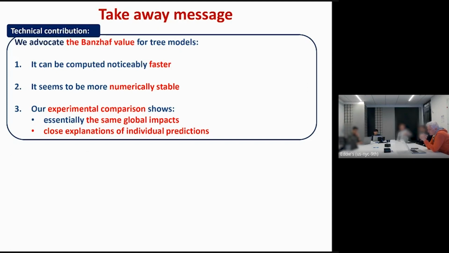The main result of the paper is the reasons why, for example, Banzhaf values should be preferred over Shapley values. I will explain in a while what the definitions are, how they differ, and what the idea behind these two concepts is.